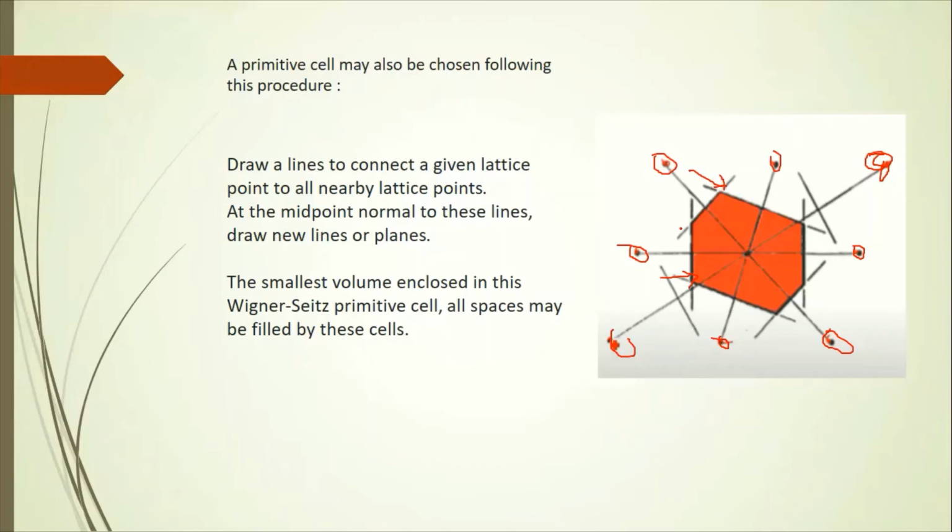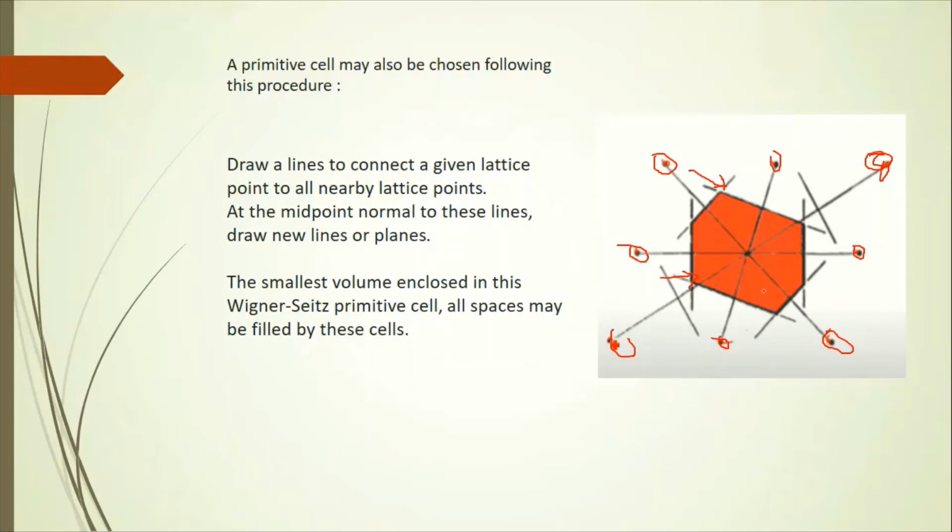So when we find half these distances and make normal lines to them and connect them into shapes, we can also cover the 2D or maybe 3D space.